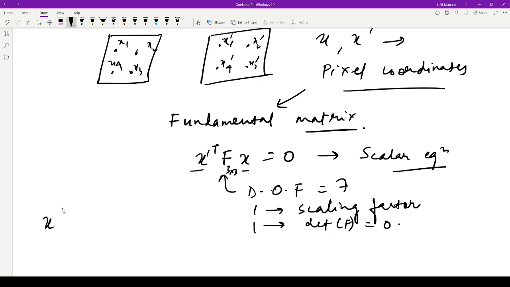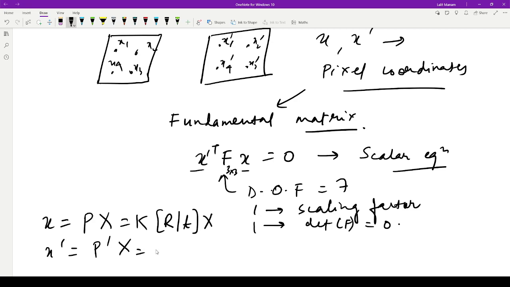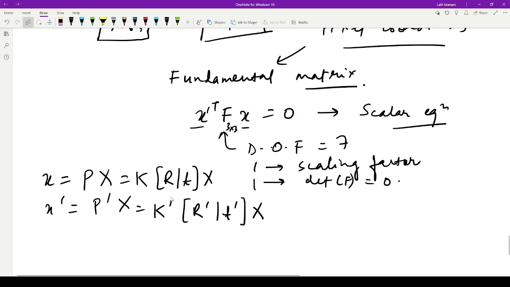How did you obtain x or x prime? x is some P into capital X, and x prime is some P prime into capital X, which you can write as R P X, and here you can write as R prime P prime X. So given the same 3D point X, you can get x and x prime like this, and then from there you get this equation.